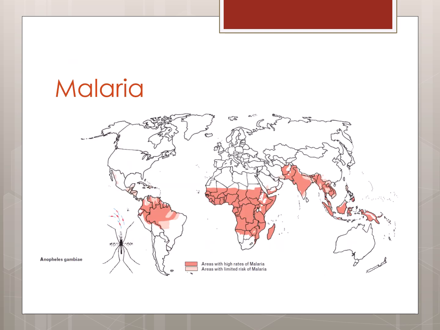For the most part, we find this mosquito species typically kind of closer to the equator. There are certain areas where we don't see this mosquito or where we have eradicated this mosquito species, like the US. It is eradicated.